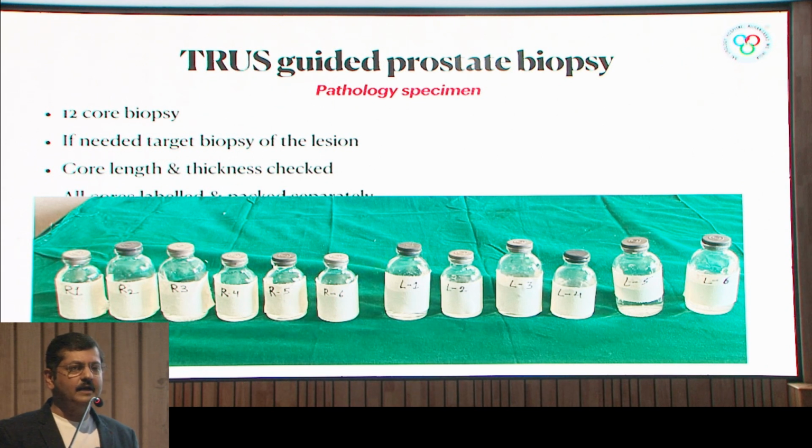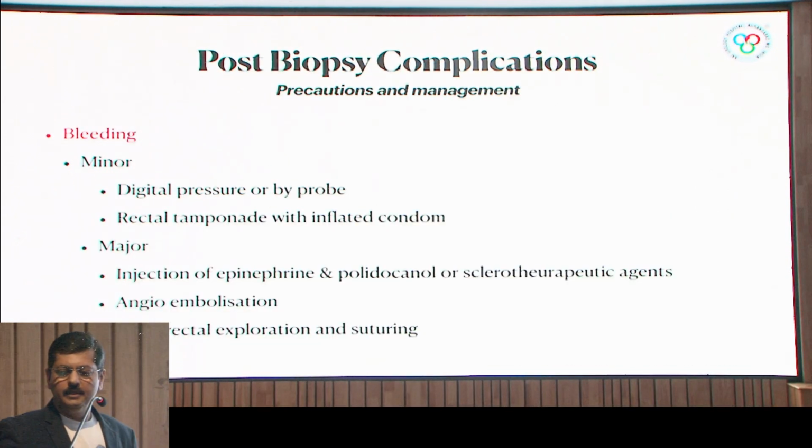All this matters a great deal to the urologist to make a decision prior to subjecting the patient to surgical management. So 12 bottles, each core to be put separately in one bottle. This is mandatory before you do a prostate biopsy.